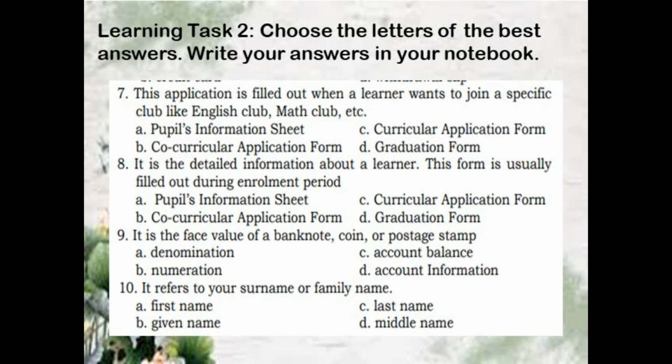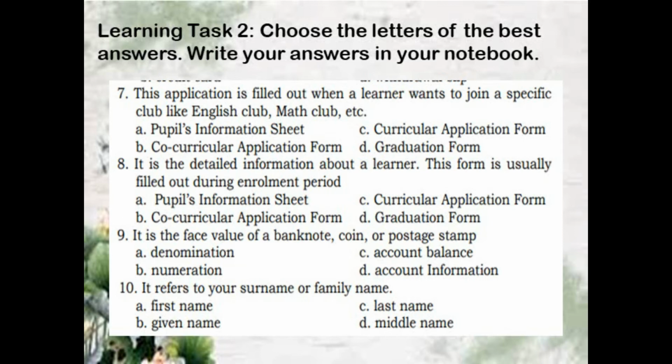8. It is the detailed information about a learner. This form is usually filled out during enrollment. A. Pupils information sheet. B. Co-curricular application form. C. Curricular application form. D. Graduation form. 9.